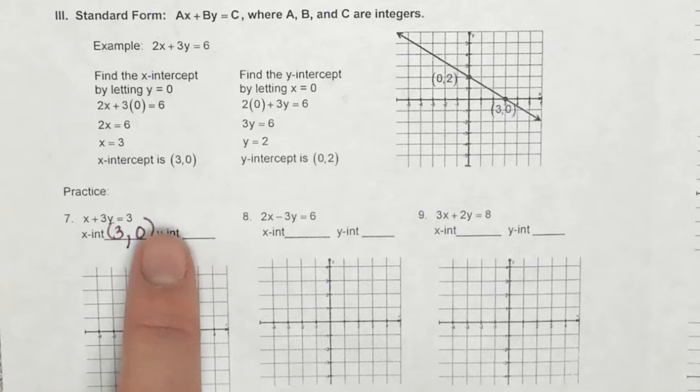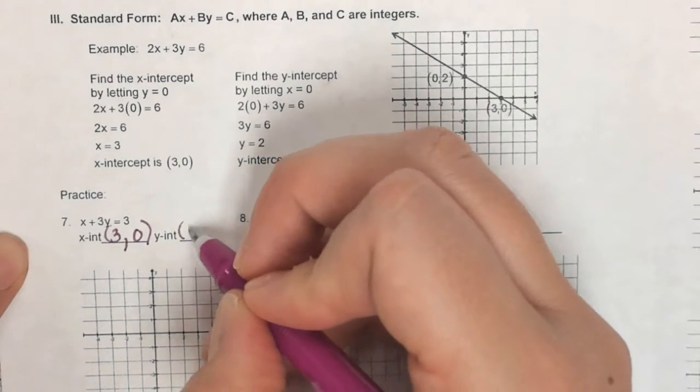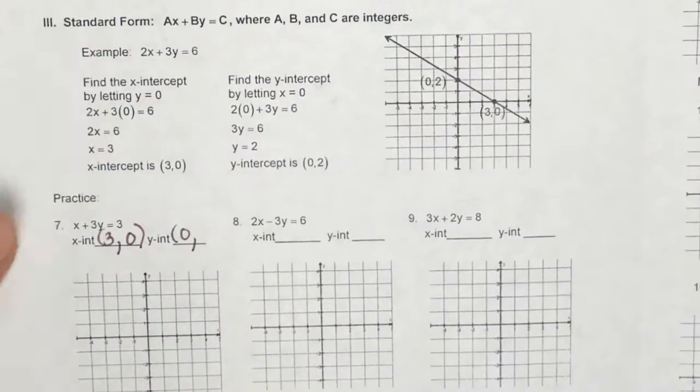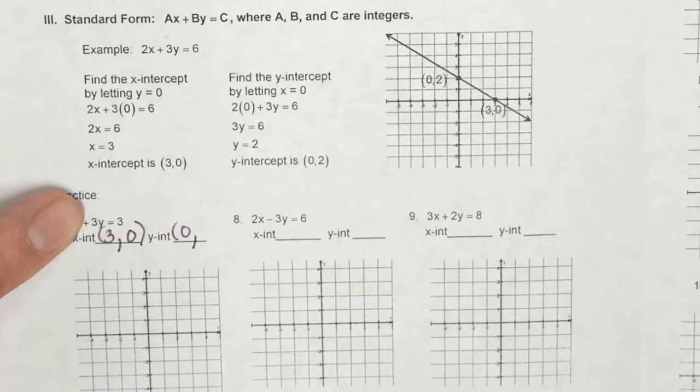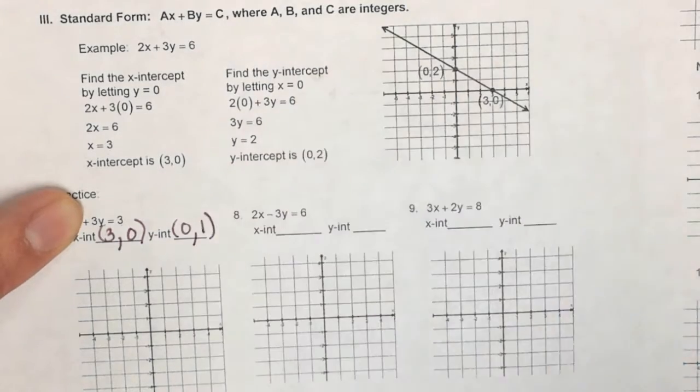And our y-intercept would be very similar, right? I would just cover up the x, so the x would be 0, and I want to find the y. 3y equals 3. Y is what? Divide by 3. 1. 0, 1, right? 3 divided by 3 is 1.